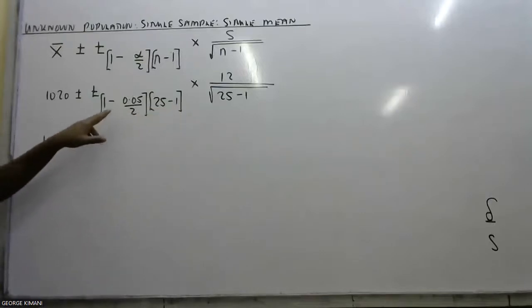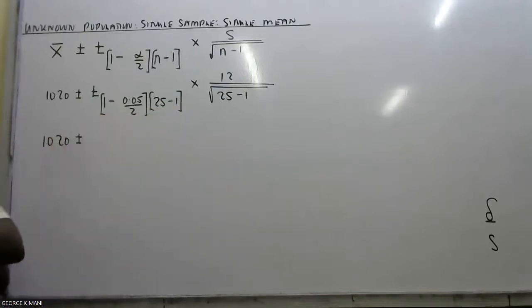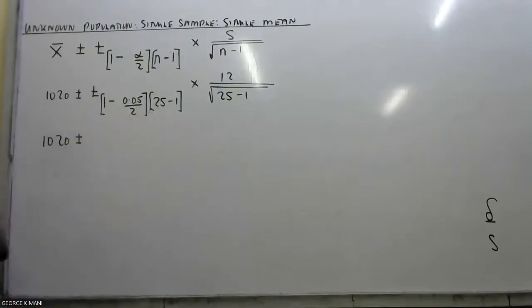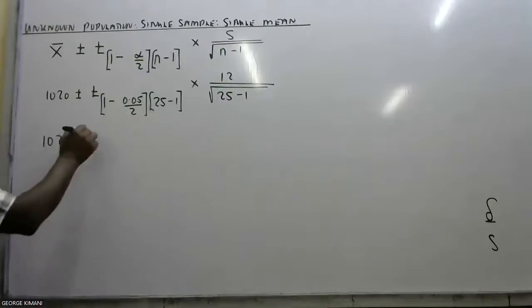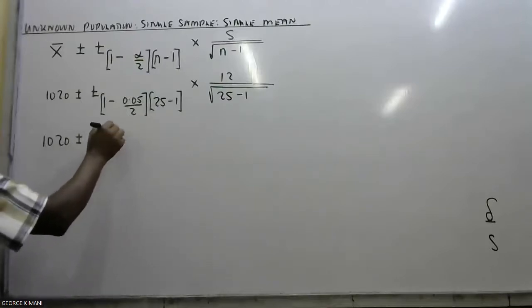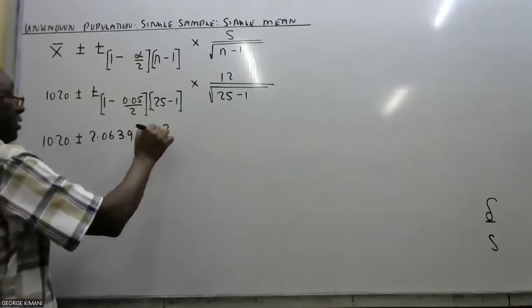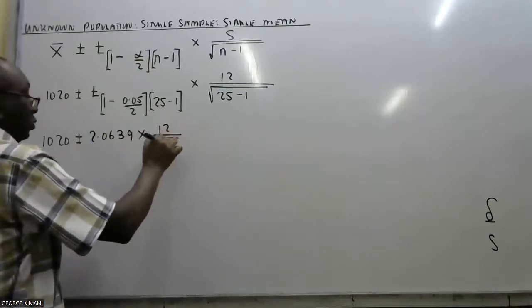Stop where there is 95%. Then go down until where there is 24, because this is 24. Read for me what is there. Good. So multiplied by 12, divide by the root of 24.